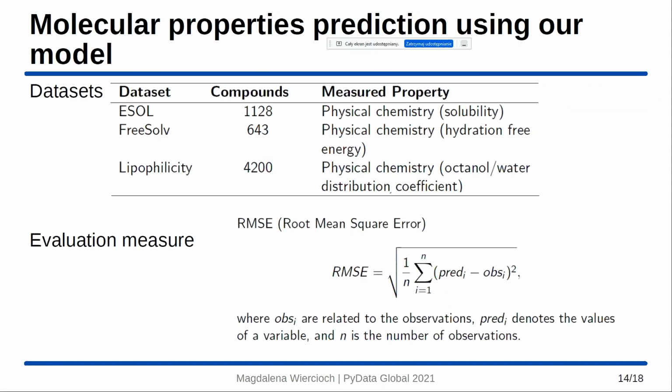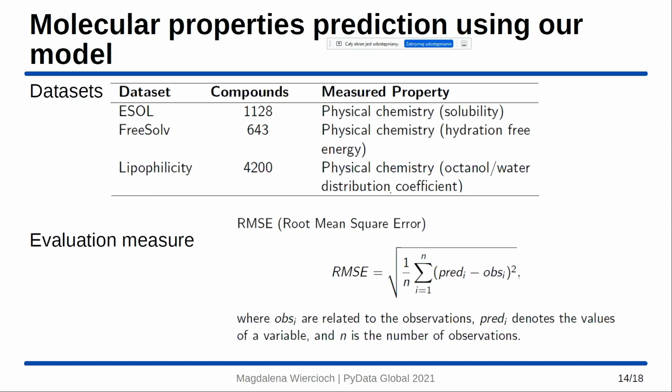And maybe I will tell more about the experiments we have conducted. So we evaluated the performance of our approach on numerous data sets from MoleculeNet. Here, MoleculeNet is a publicly available data set.